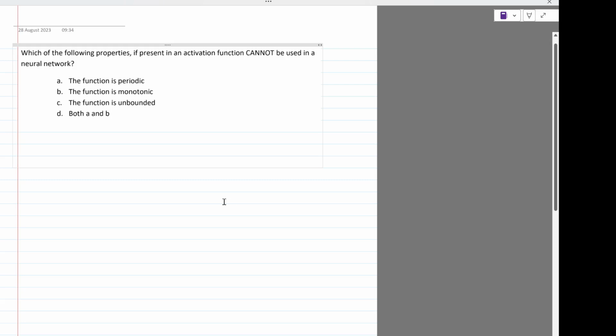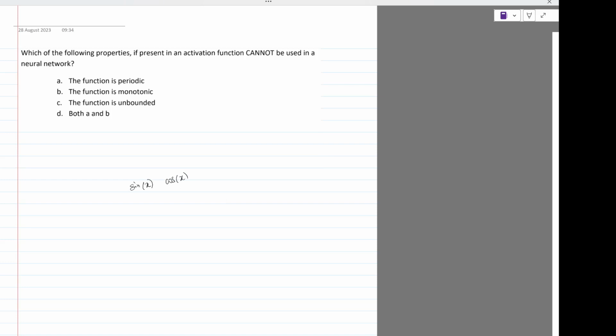Which of the following properties, if present in an activation function, cannot be used in a neural network? The function is periodic, the function is monotonic, the function is unbounded. The function is periodic. One periodic function is like sin x or cos x.